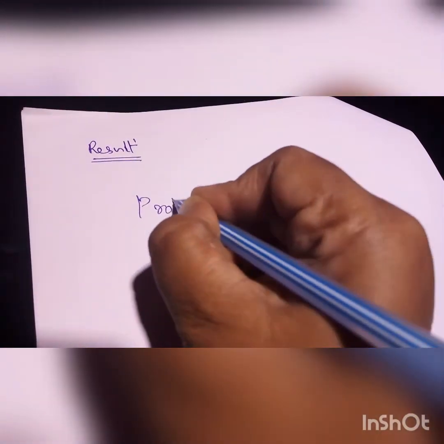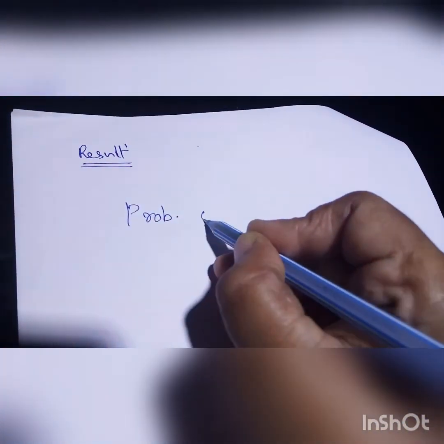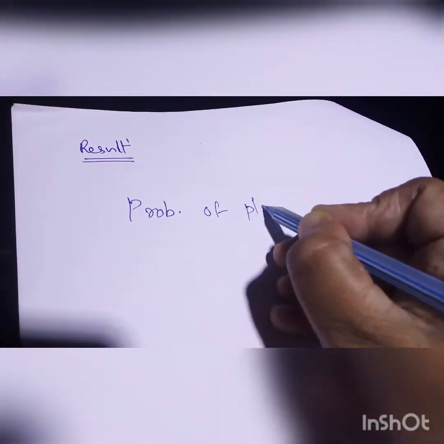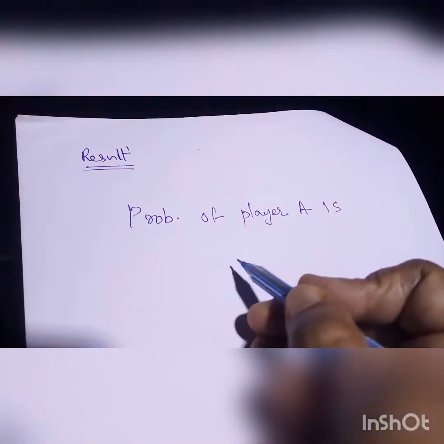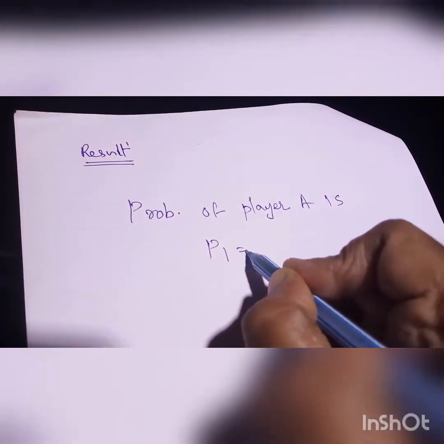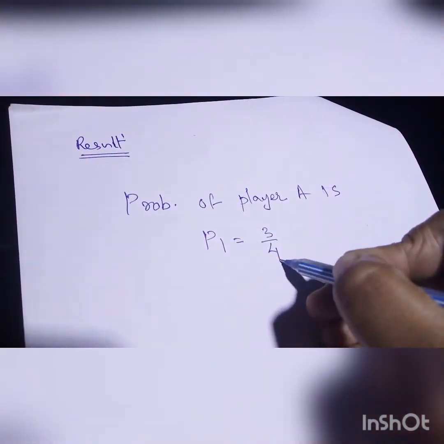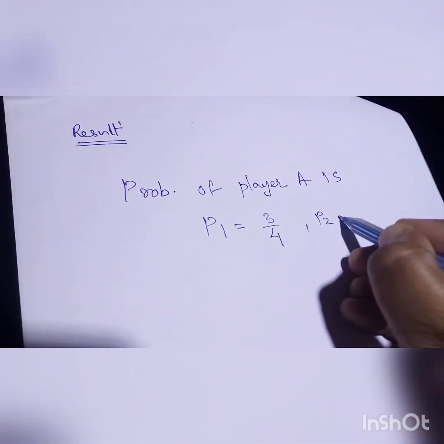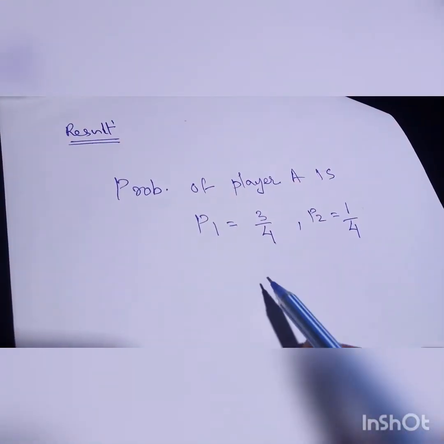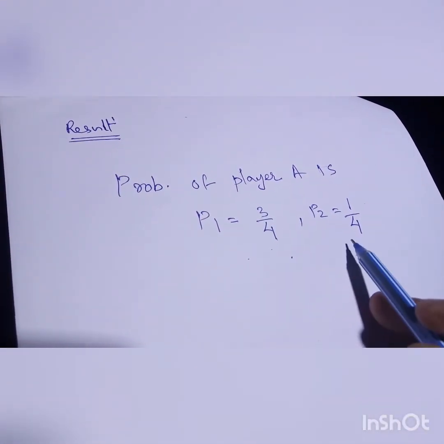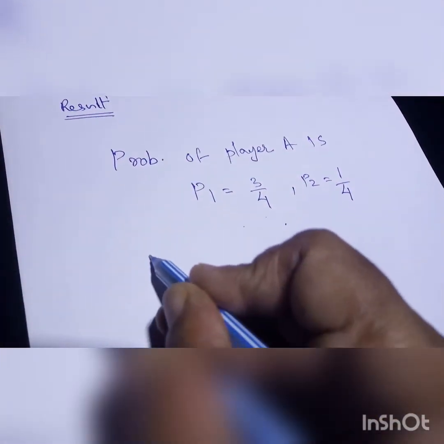Just I am writing it down. Probability of player A: P1 we have calculated before, right? Just write the value 3 by 4 and P2 is equal to 1 by 4. The same thing we found before, that is P1 is equal to 3 by 4 and P2 is equal to 1 by 4.